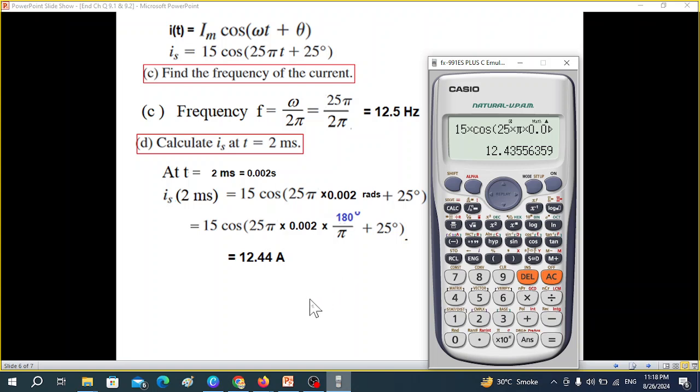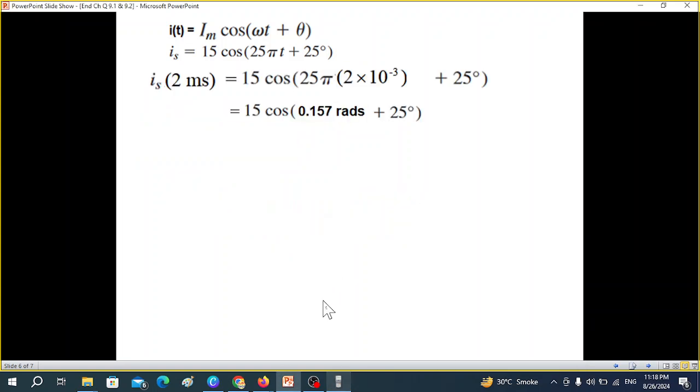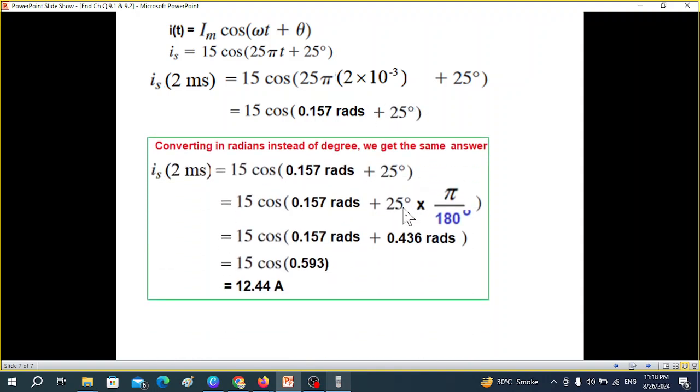But just for the curious mind, we will convert the degree into radians and see what happens. So we were up to this point, and we'll convert this degree into radians. For converting degree into radians, now we have to multiply by pi over 180, not 180 over pi.